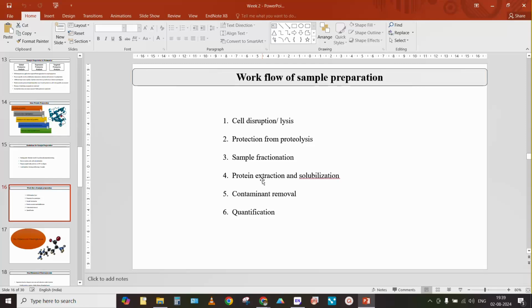Then protein precipitation by TCA, which is trichloroacetic acid, and or acetone. Then the protein extract should be soluble and free from DNA, RNA, protein interactions, and metabolites. Okay, so the fifth and sixth, contaminant removal and quantification, I've already discussed in previous slides.